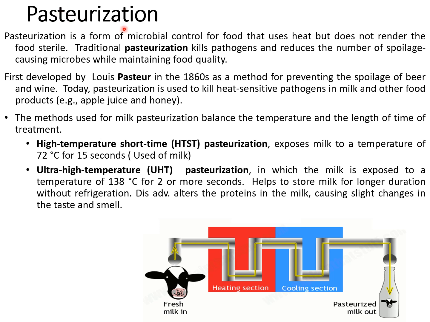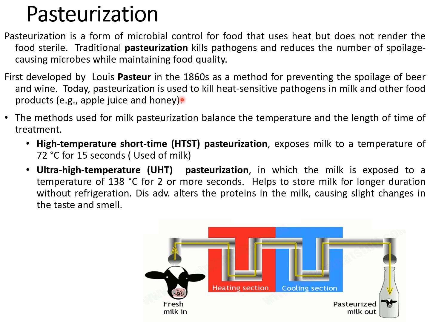One best method is pasteurization. This is again one best method of microbial control used in the food industry. Traditionally, pasteurization is used to kill pathogens, reduce spoilage-causing microorganisms and maintain the quality of food. It was initially discovered by Louis Pasteur, who was the first to work on it in 1860, and he used pasteurization to prevent spoilage of beer and wine.